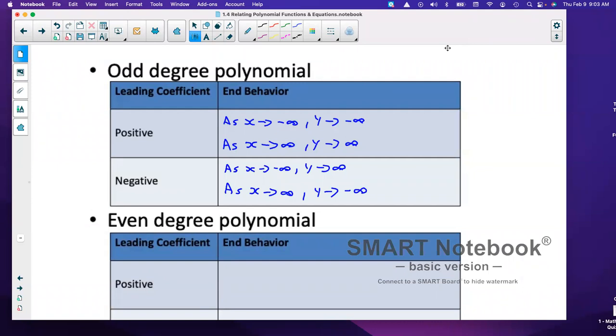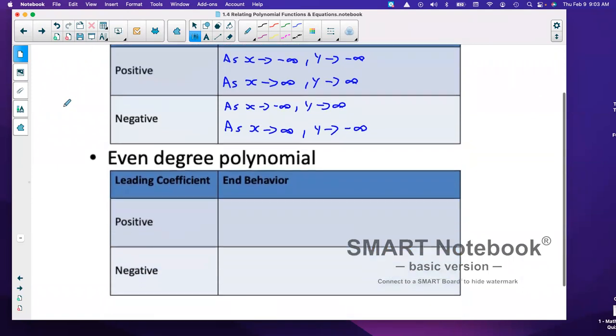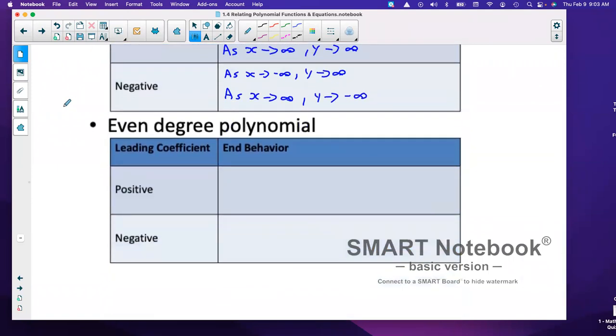Next, we'll look at our even degree polynomials. So for even degree polynomials, they act just like quadratics. So if we had a positive leading coefficient, they opened upward. So we can say that as x went towards negative infinity, y went towards positive infinity because it went upwards. And then as we go to the right, so as x goes towards positive infinity, it also went upwards, so y went to positive infinity.